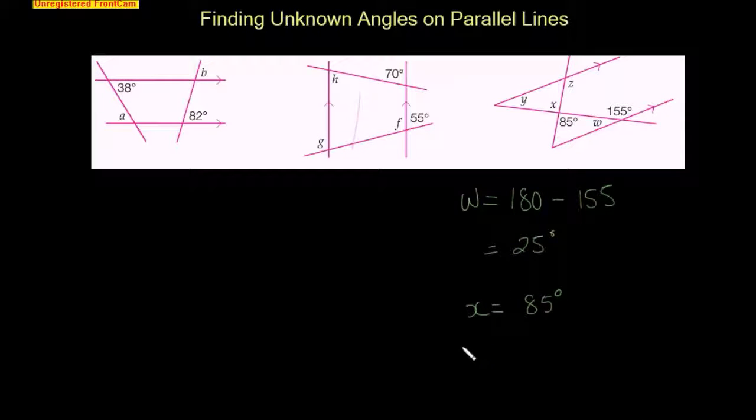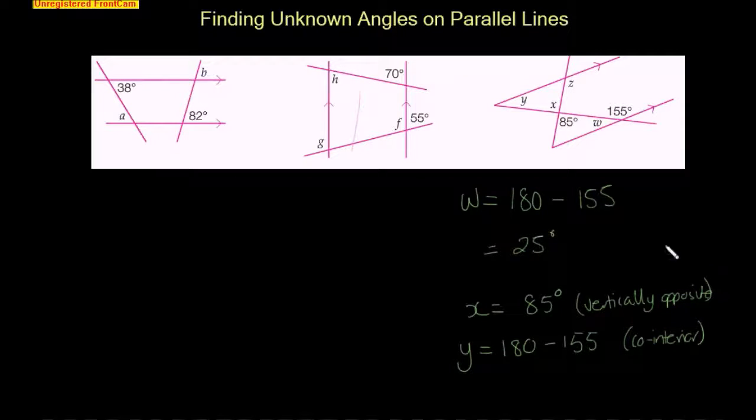So we know Y is going to be equal to 180 minus 155, because these are co-interior. Okay. So Y is going to be equal to 25, the same as W.